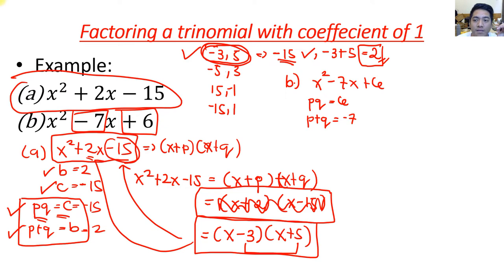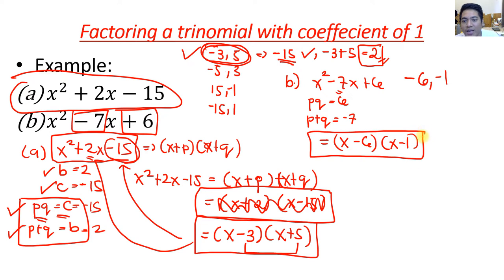It can be negative 6 and negative 1, because negative 6 times negative 1 would be 6, and negative 6 plus negative 1 is negative 7. So, the factored form should be x minus 6 and x minus 1.